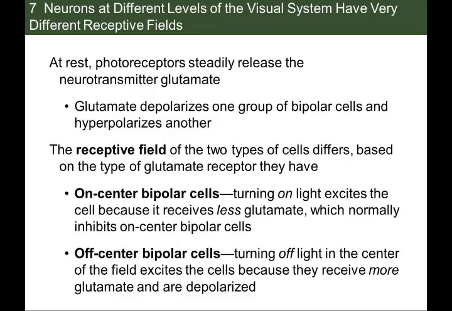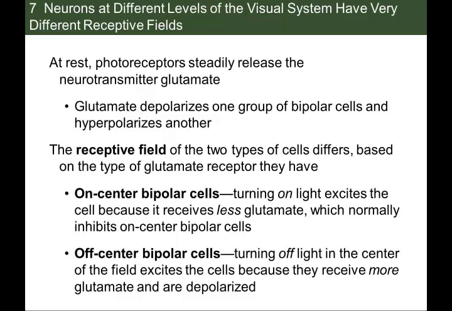Now, you have what's called an on-center bipolar cell, and an off-center bipolar cell. These two types of bipolar cells react to glutamate in opposite manners. The on-center bipolar cell is typically inhibited by glutamate, meaning that for it to be activated, you need to reduce the glutamate released by the photoreceptor, which happens when the cone is exposed to light.